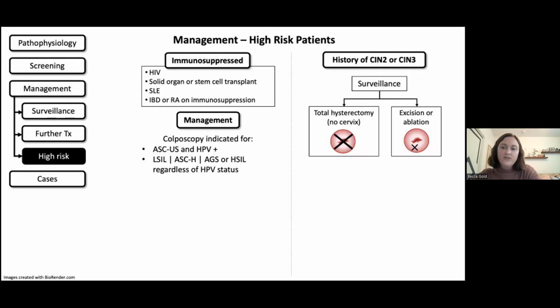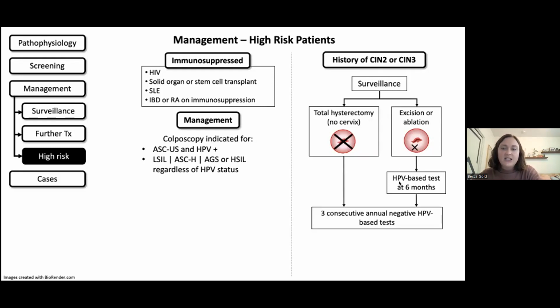So the short-term surveillance depends on the treatment that a patient undergoes. So if a patient still has a cervix, it's recommended that they undergo an HPV-based testing at 6 months, but it's not necessary to do that in folks who undergo a total hysterectomy.